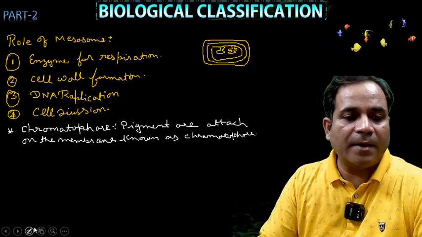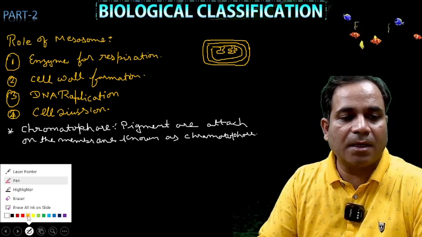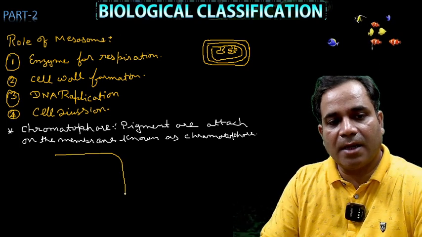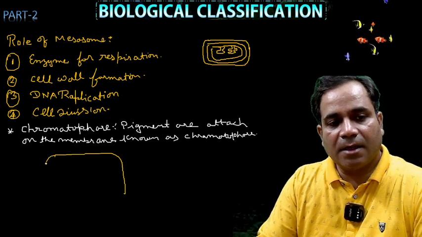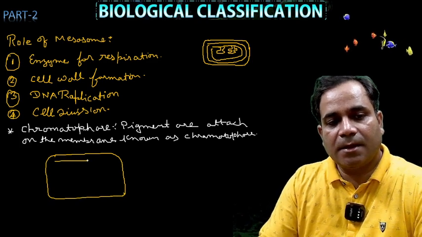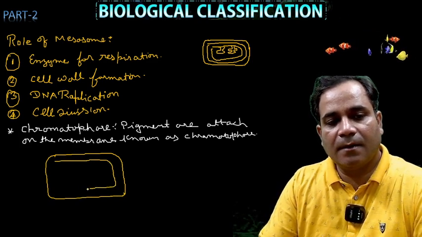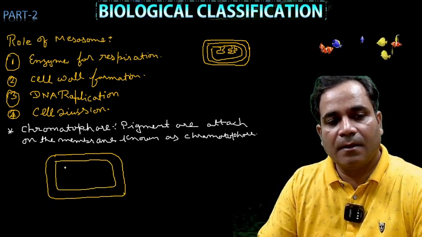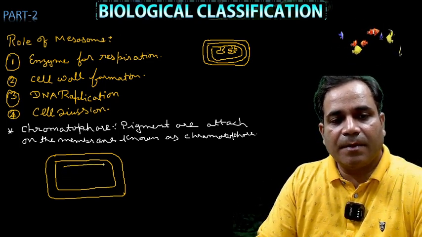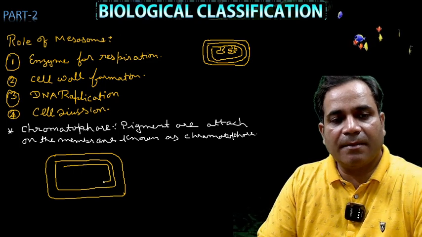See, if I make this diagram earlier, this one is the glycocalyx. This one is cell wall. And here the inner membrane, that is the plasma membrane, or you say the cell membrane.